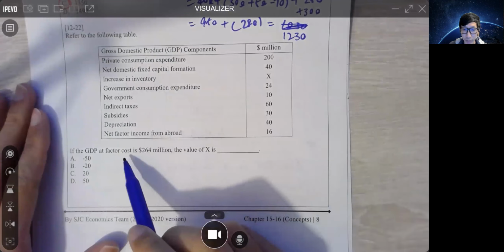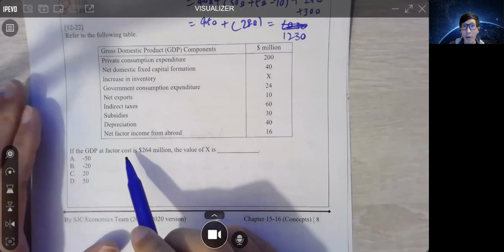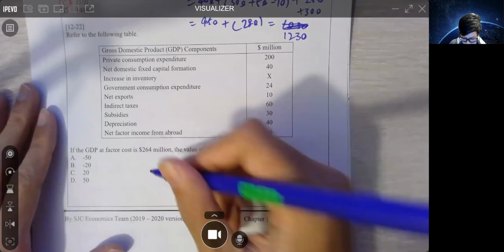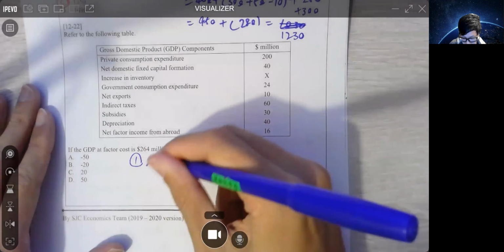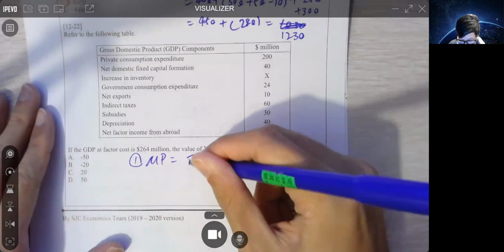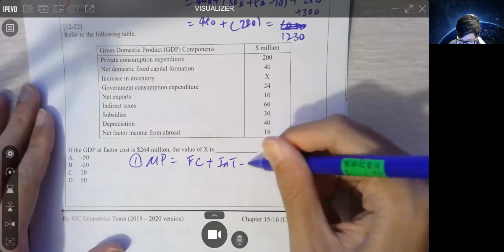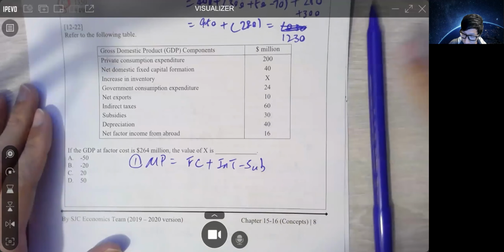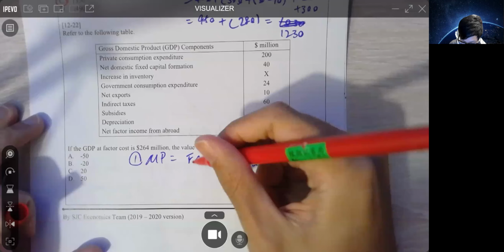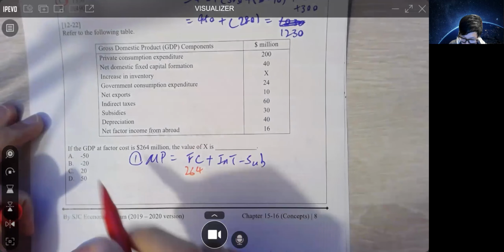Therefore, let's first of all convert factor cost into market price by market price equals to factor cost plus indirect tax minus subsidy, right? Factor cost 264.